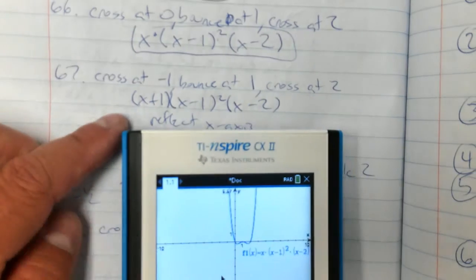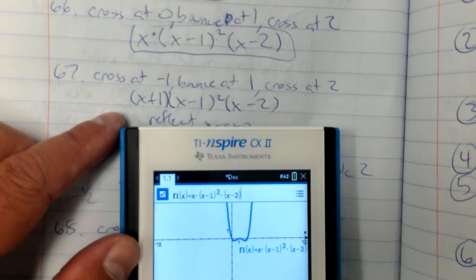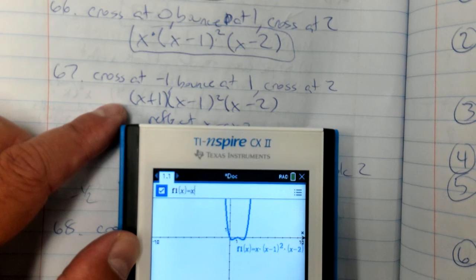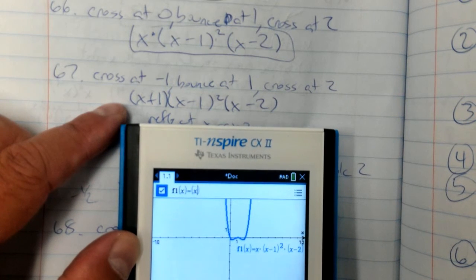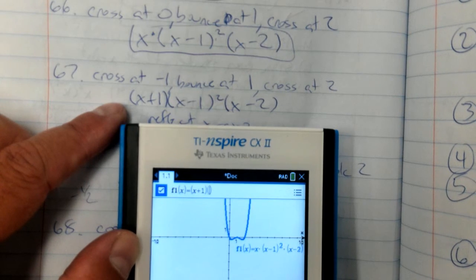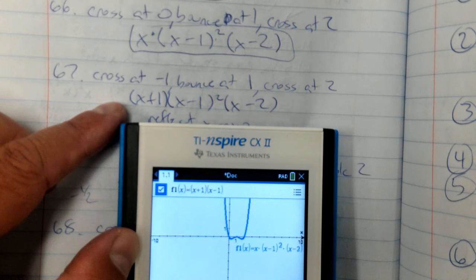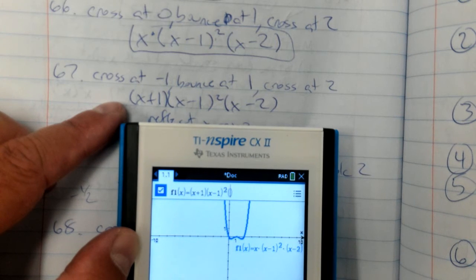So that's like the start of it, but that'd be upside down. So like if you want to check your answer intermediate steps, you'd have x plus 1, x minus 1 squared, and then x minus 2.